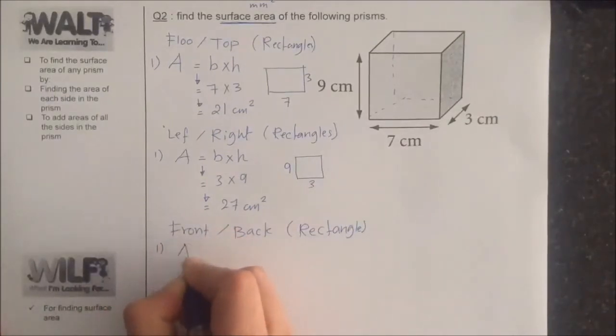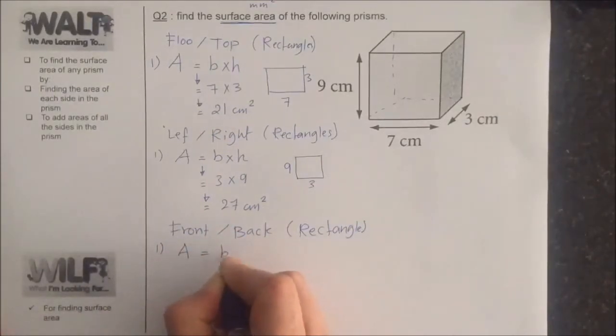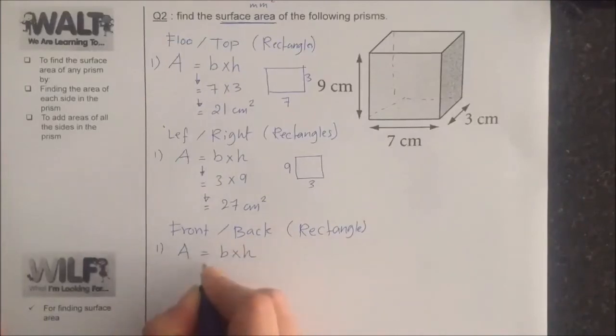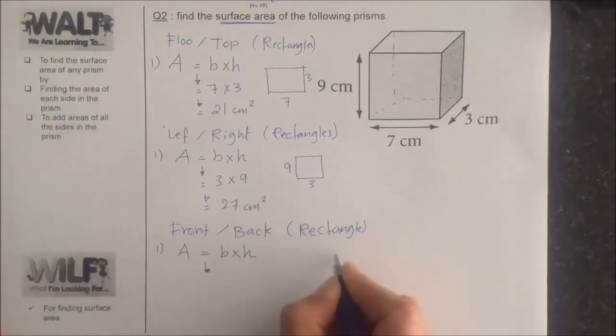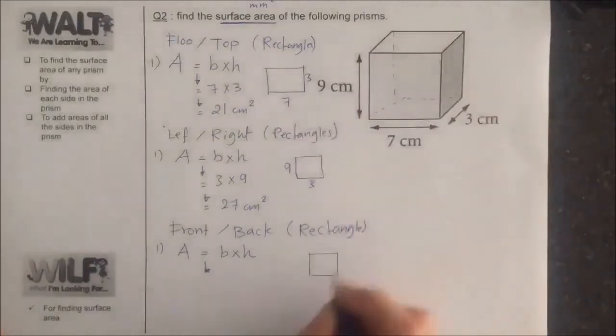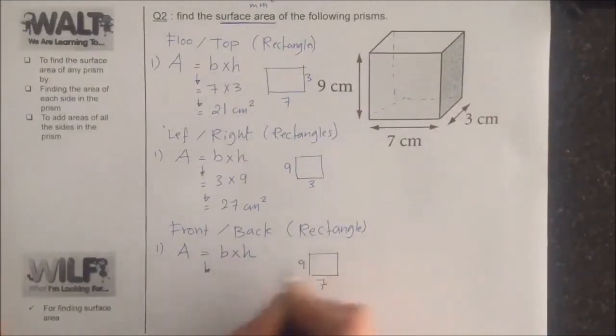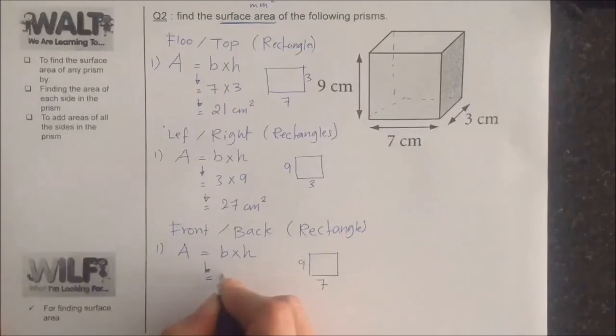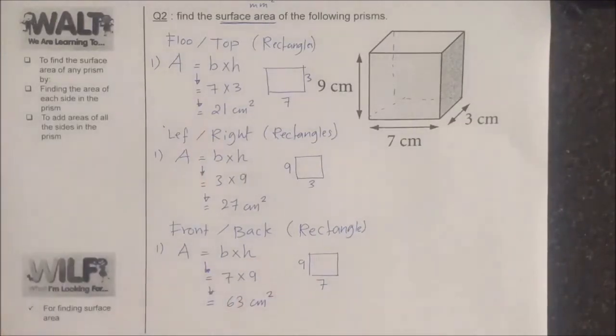Start by writing the general formula of finding the area of a rectangle and draw a little sketch. So it's 7 and 9, 7 and 9. Substitute, so it's 7 times 9, and the answer will be 63 centimeter squared.